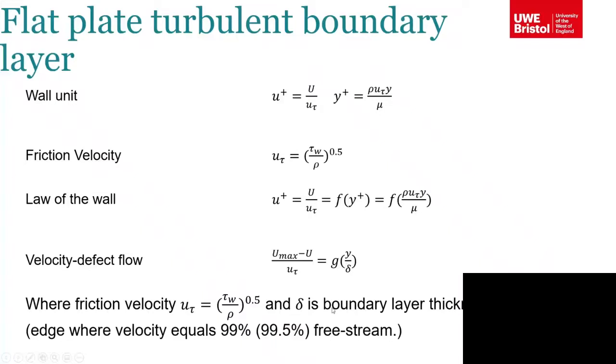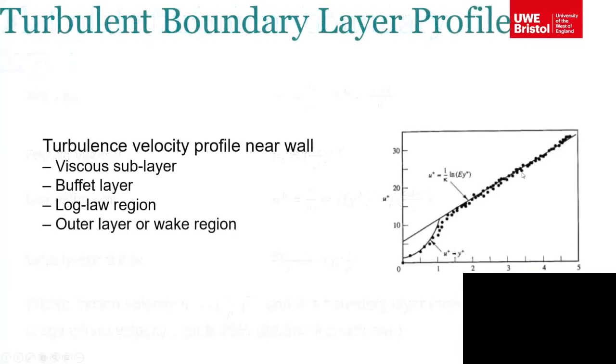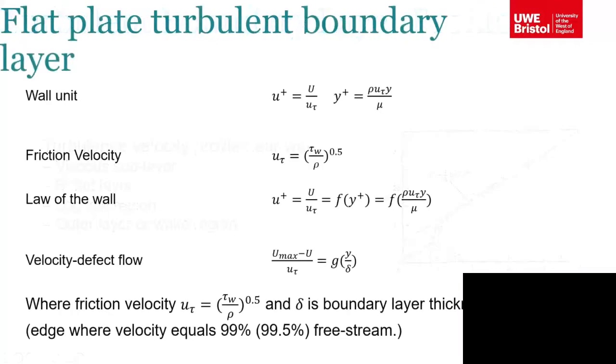Delta is again the boundary layer thickness, basically. What does that mean though, U plus and Y plus? The physical meaning is how much turbulence you have, basically.